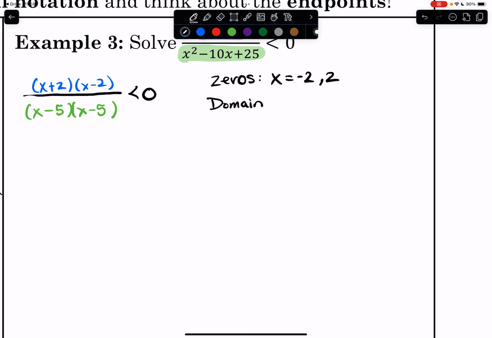And for the domain, the values that make the denominator equal to 0, the numbers that get excluded from our function, are going to be positive 5. So x cannot equal positive 5. So using those three numbers, we're going to make a number line plotting those points from negative infinity to positive infinity. So negative 2, positive 2, and positive 5.